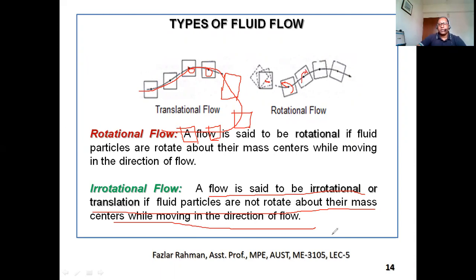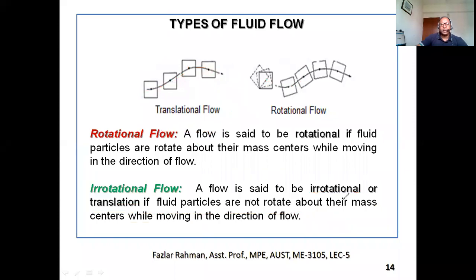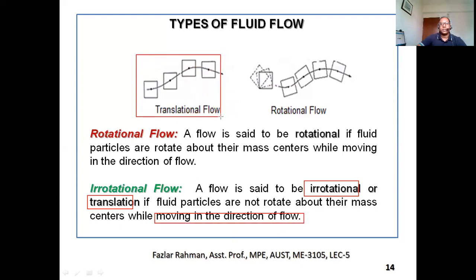So a flow is said to be irrotational or translational if fluid particles are not rotated about their mass center while moving in the direction of flow. This example is this one. And rotational flow: a flow is said to be rotational if fluid particles are rotated about their mass center while moving in the direction of flow, like this one.